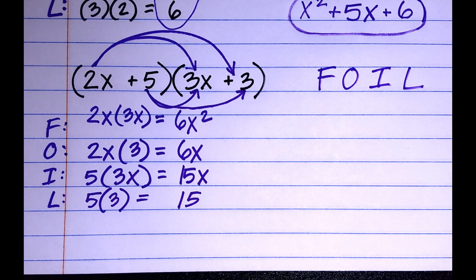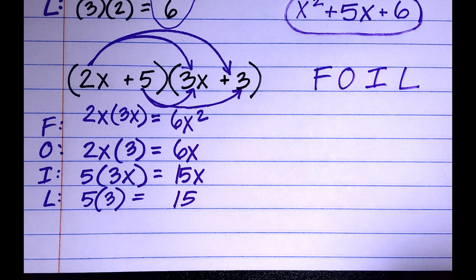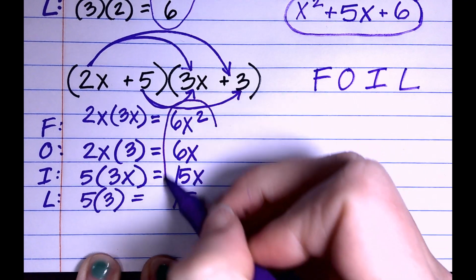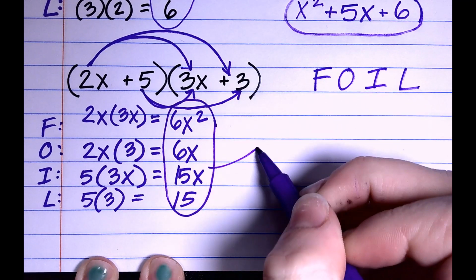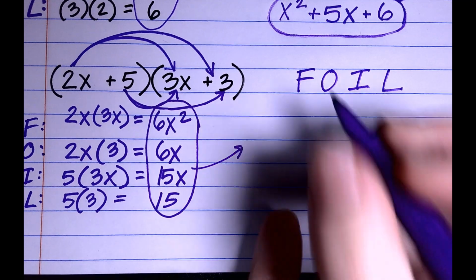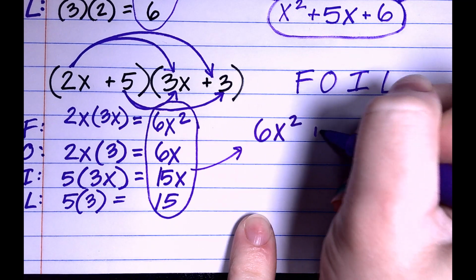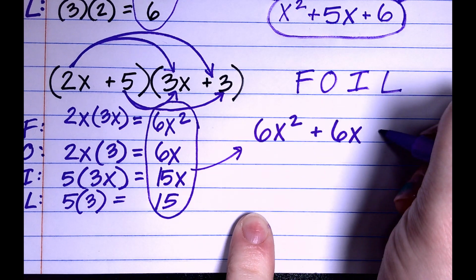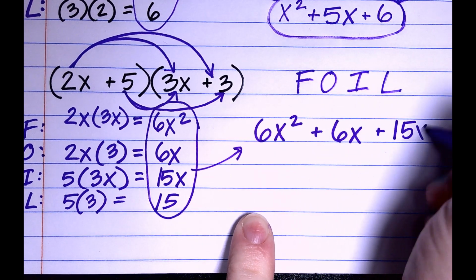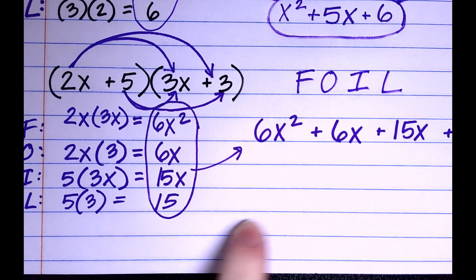And now we have 4 terms, 6x squared, 6x, 15x, 15. Let's start by writing them all out in a line with plus signs in between them. So we will have 6x squared plus 6x plus 15x plus 15.